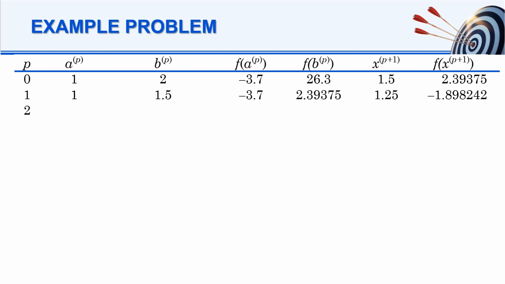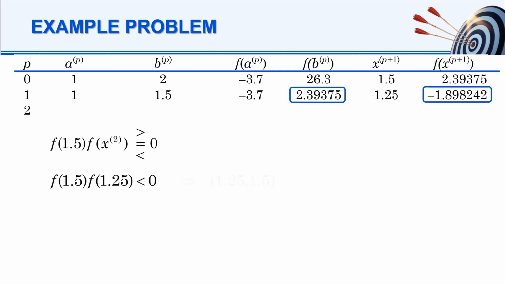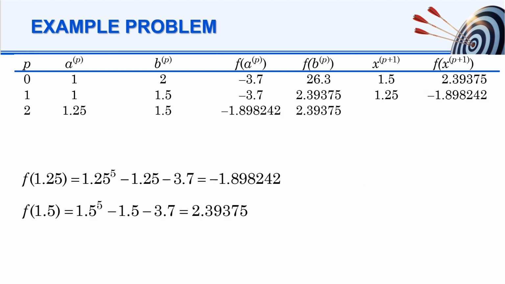Next, we check the sign of f1.5 times fx2, which is negative, meaning that the root is in the left interval. So we update the endpoints of the search interval. We have the values of f1.25 and f1.5 from the prior step.